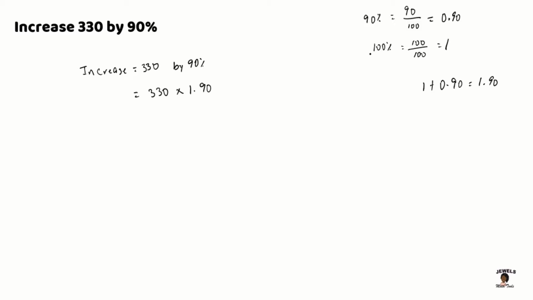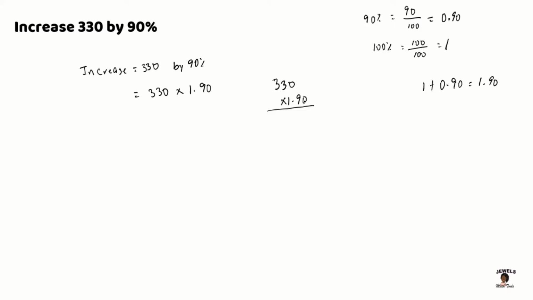Once you understand the principle or the steps that you will have to take, you can just move straight to your percentage and begin multiplying. So our 330 will be multiplied to 1.90. And again, remember that you don't have to put the 0. If you're comfortable working out your multiplication of your decimal numbers without the 0, that's fine.